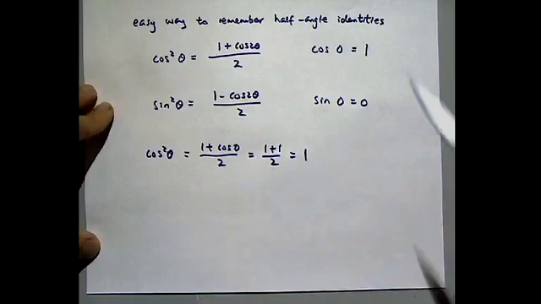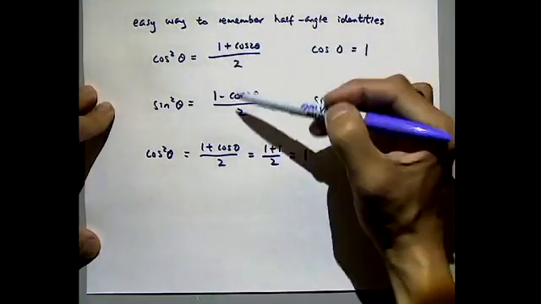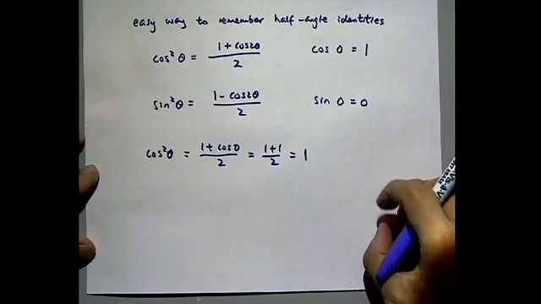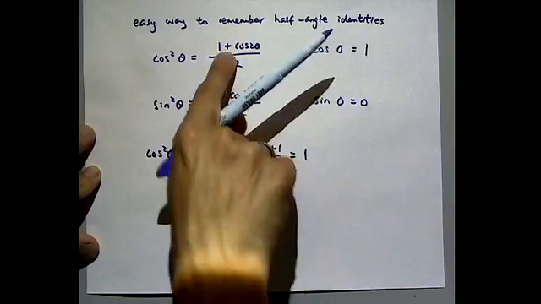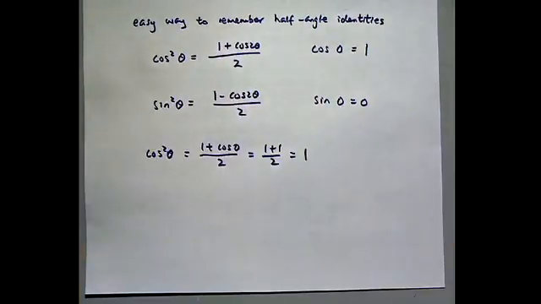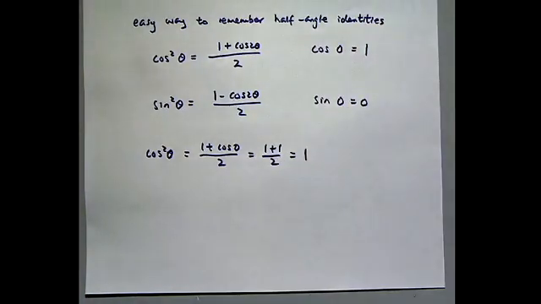So you just need to remember the form of these two things. The plus and minus, you just remember which goes with which. Cosine of 0 is 1. In order to get 1, this has to be a plus, right? So that's the easy way to remember. You just remember the form, and the plus and minus come from cosine and sine by themselves.